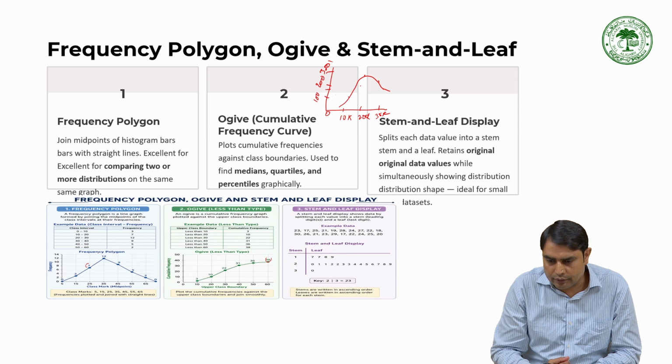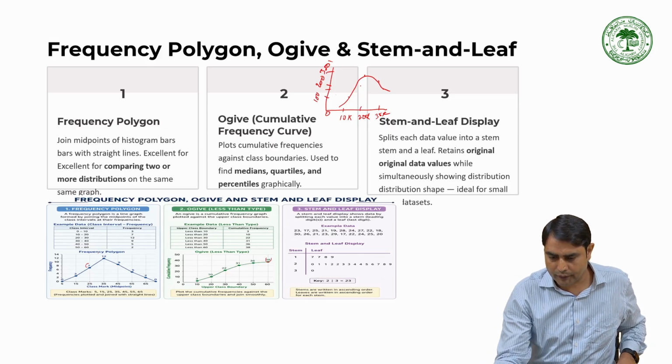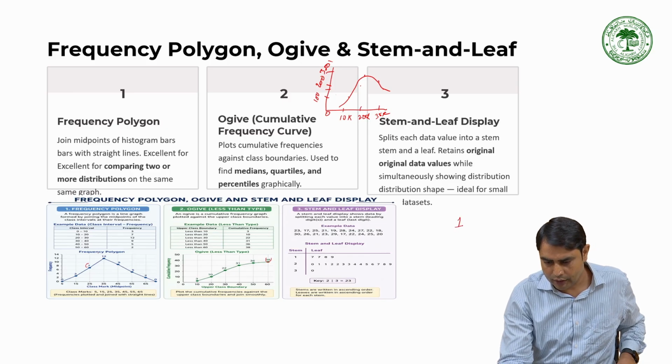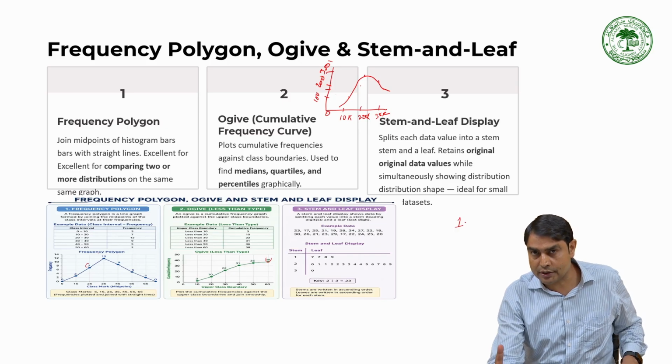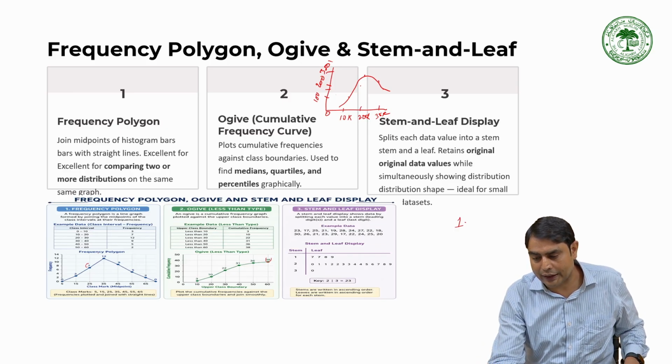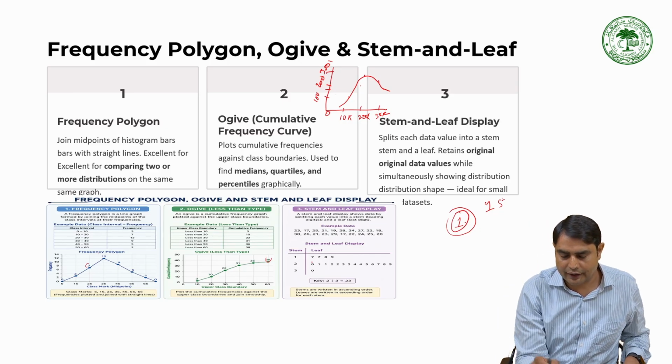Then coming to the third type, which is stem and leaf display. Here what I'm doing, I'm actually mentioning the ones only. Like for stem 1, any number which is in the range of 1, say what are the possibilities with 1? So I say 10, 11, 12, 13, 14, 15, 16, 17, 18, 19. So if I have a number which is preceded by 1, it will be mentioned against it.